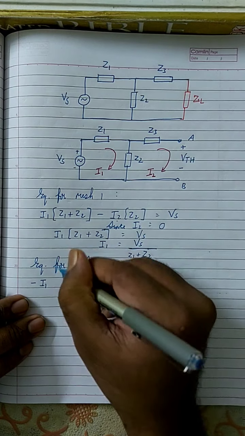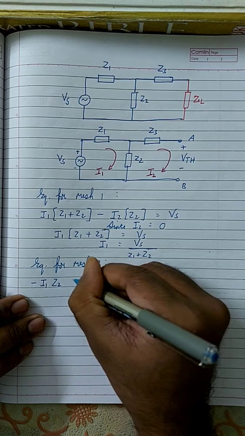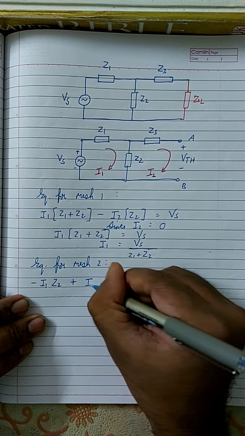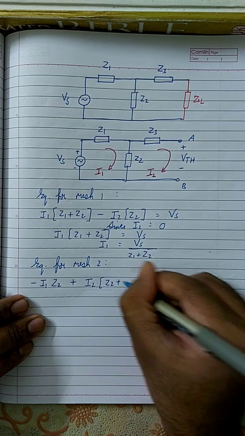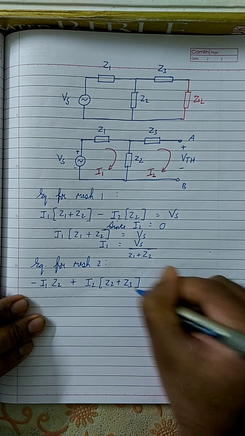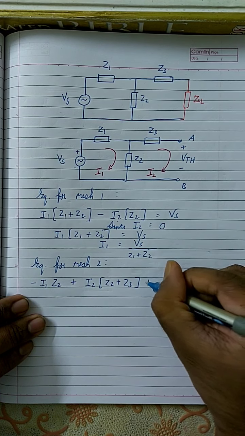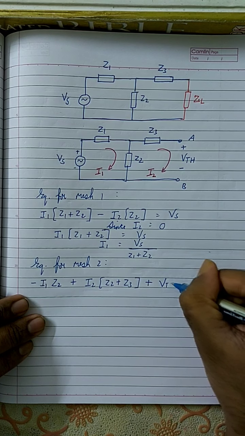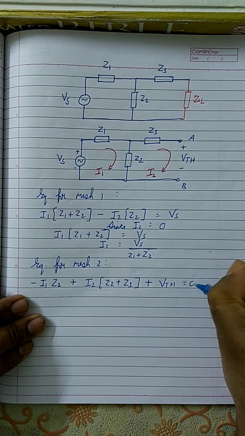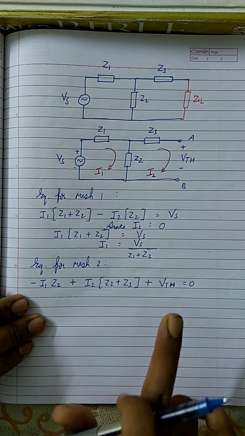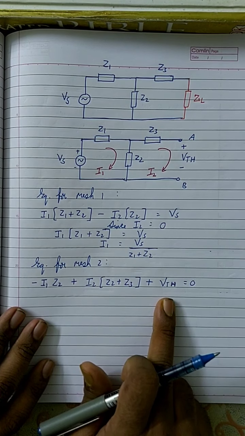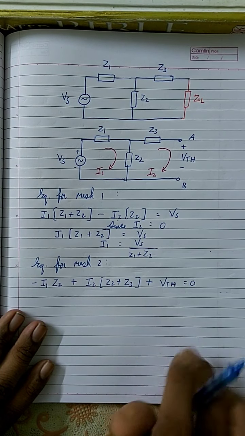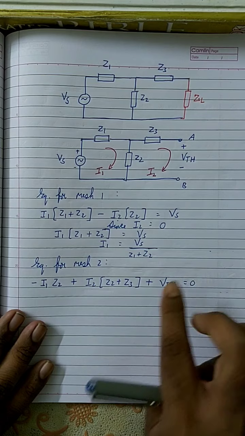So minus I1 into Z2 plus I2 into Z2 plus Z3, plus VTH is equal to 0. This is the only difference between the mesh analysis and this circuit. In other circuits there is no VTH, but here there is a VTH.